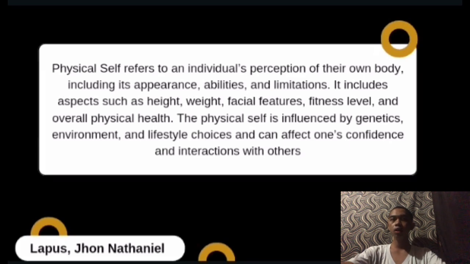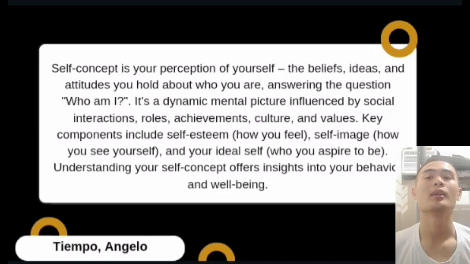The physical self is influenced by genetics, environment, and lifestyle choices, and can affect one's confidence and interaction with others.